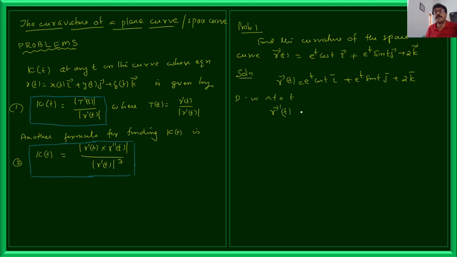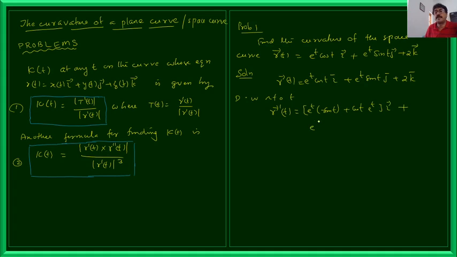r dash t is equal to the derivative of e raised to t cos t, that is e raised to t into the derivative of cos t plus cos t into the derivative of e raised to t. So we'll get e raised to t into minus sin t plus cos t into e raised to t, into i, plus the derivative of e raised to t sin t.